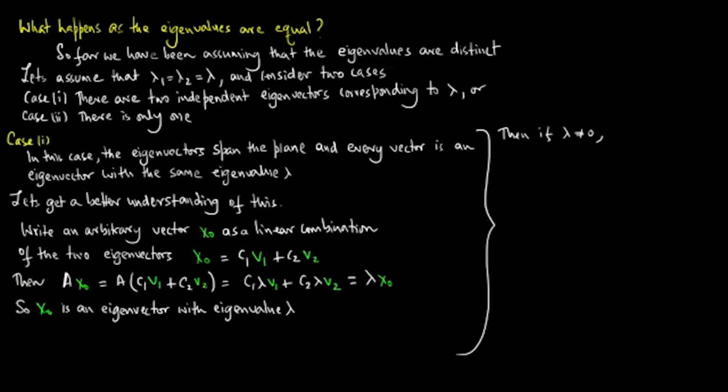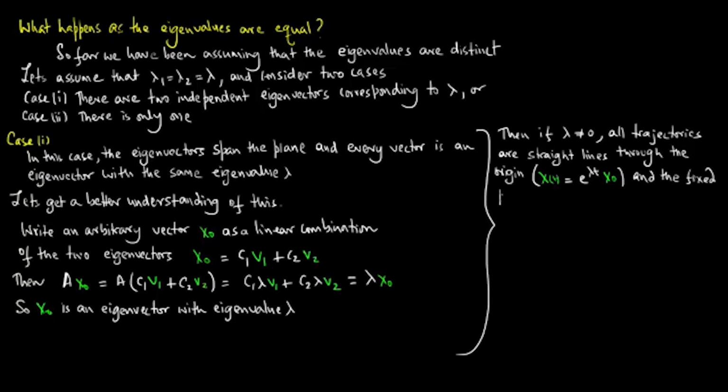Then if lambda is not equal to 0, all trajectories are straight lines through the origin. x of t is equal to e to the lambda t times x naught, and the fixed point is a star node.